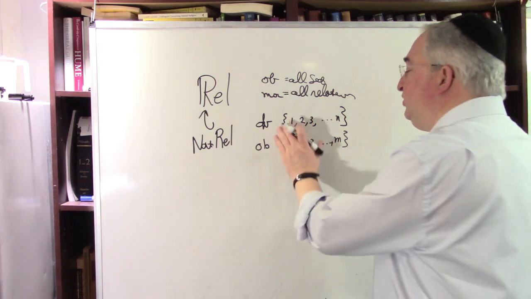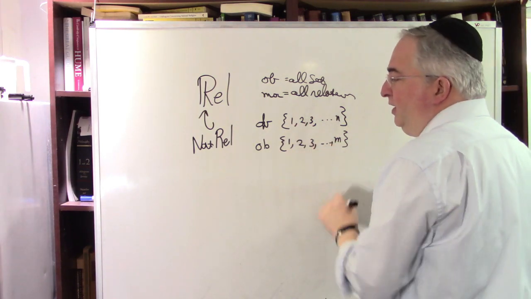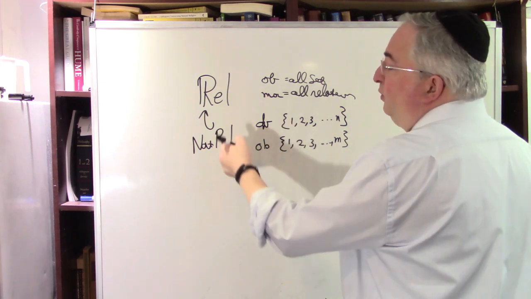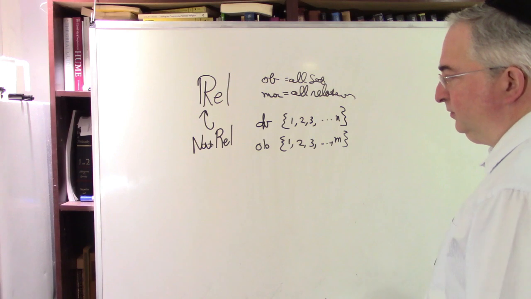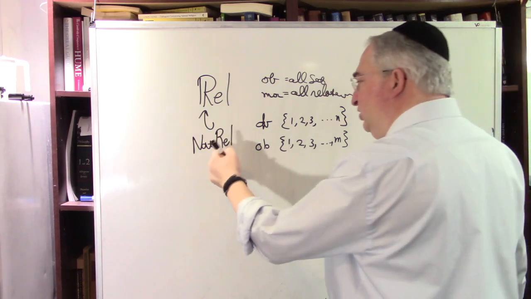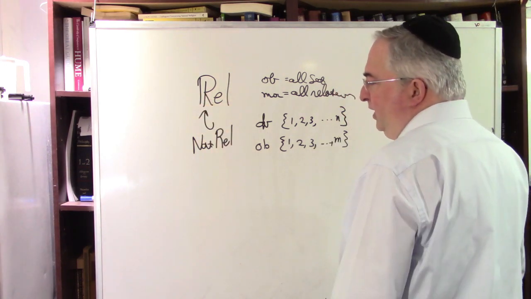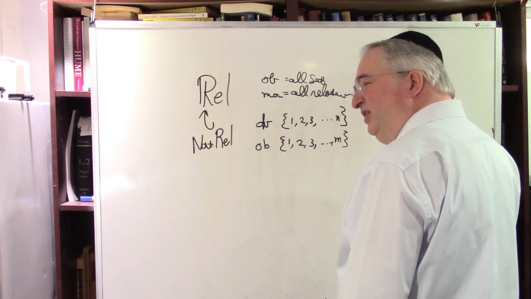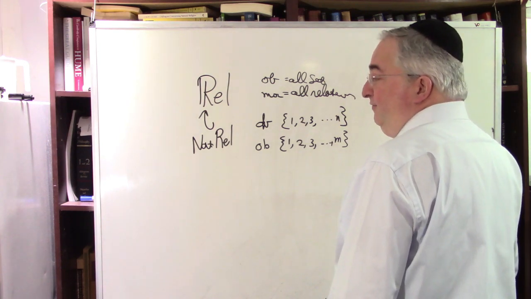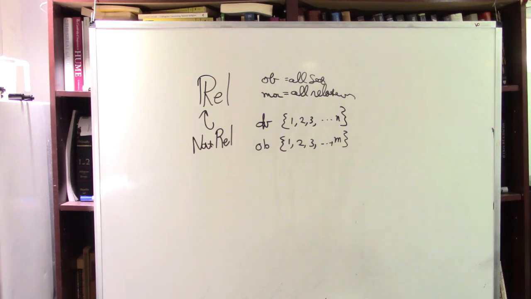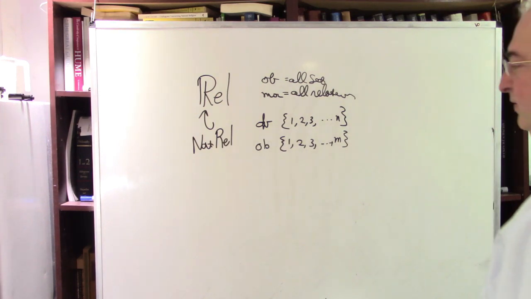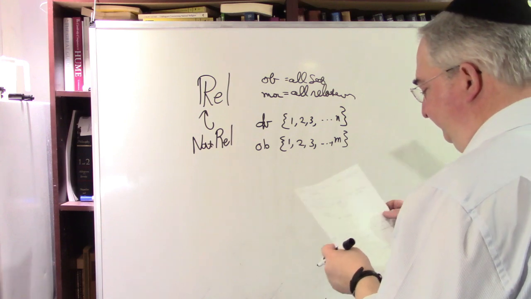The objects are just sets of natural numbers, and the morphisms are all relations between this set and this set. So it's an inclusion on objects, and I think it's full and faithful on morphisms. So it's an embedding. Very nice. Okay, great.